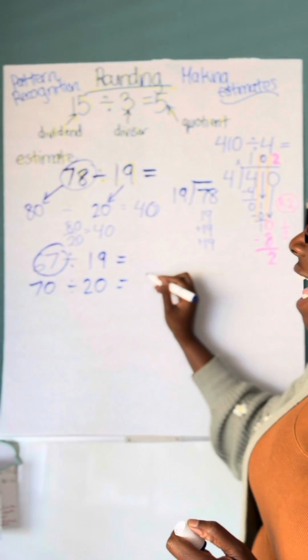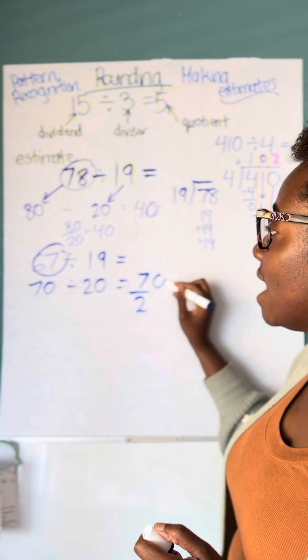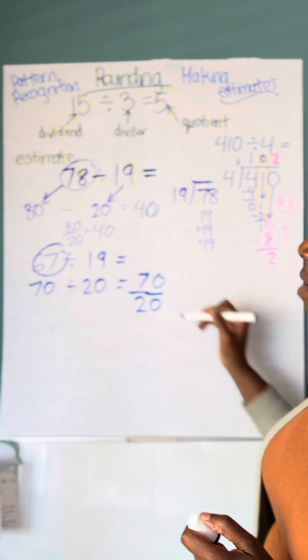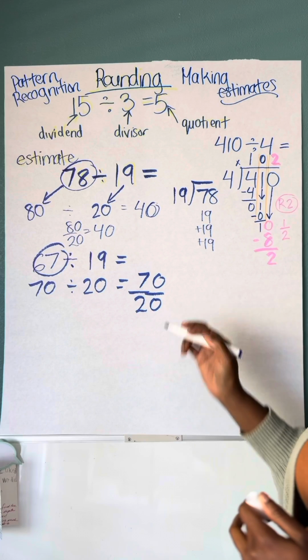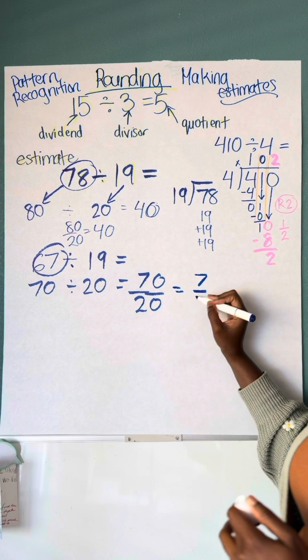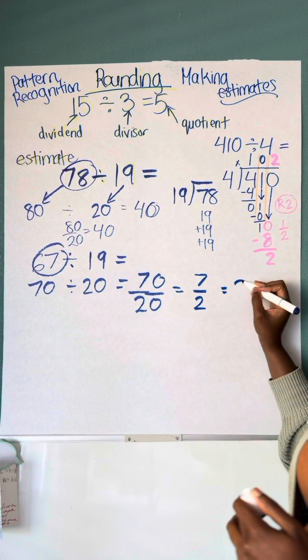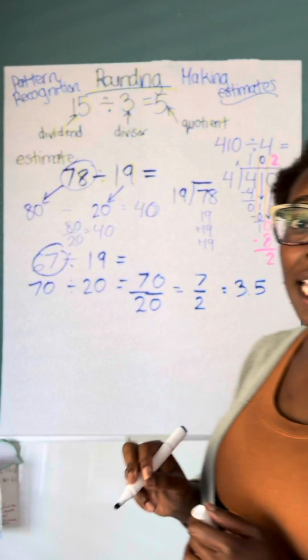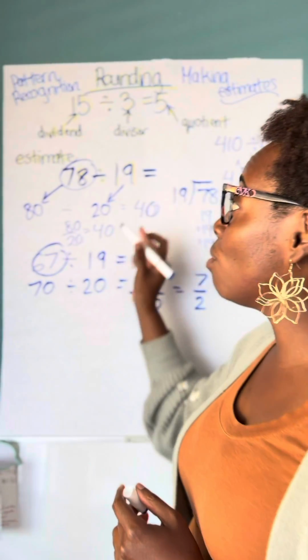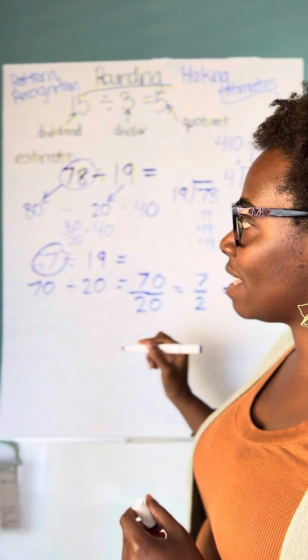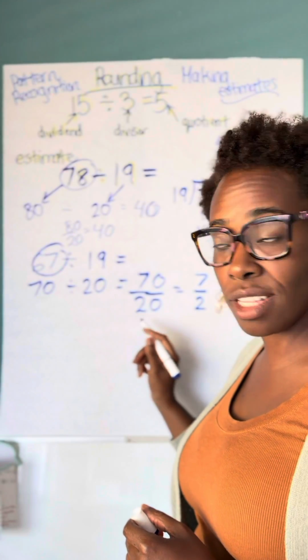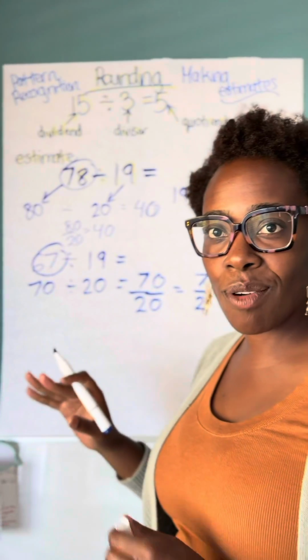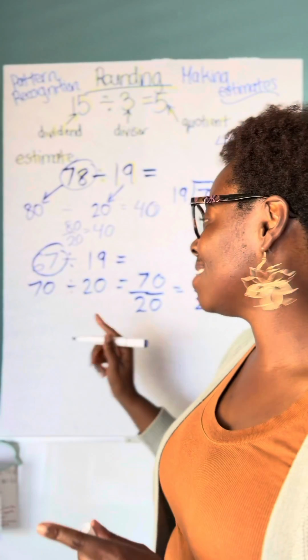Now, for our older kids, we know we could put it in a fraction, and it would be 7 over 2, which is 3.5. We're not here yet, but we are working on estimations. We're moving in this direction, but we're not there yet with our older children.